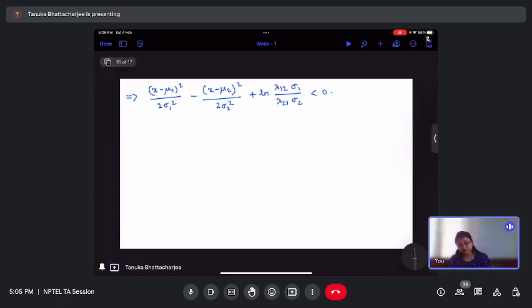You can further simplify this by simplifying the square terms over here. Let's do that.